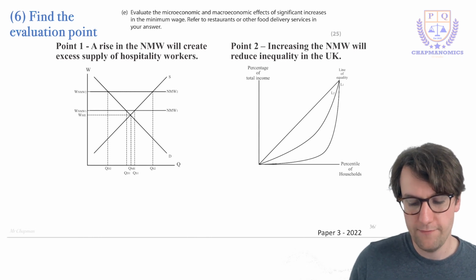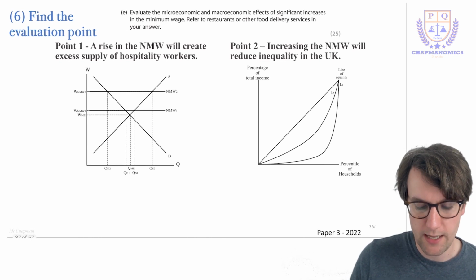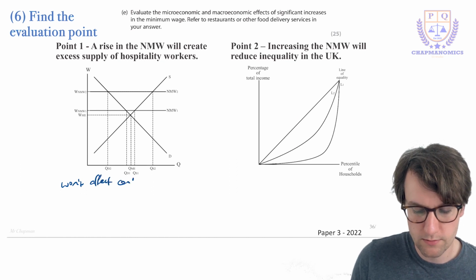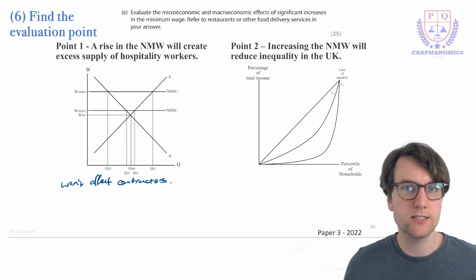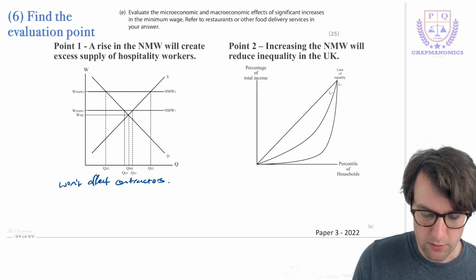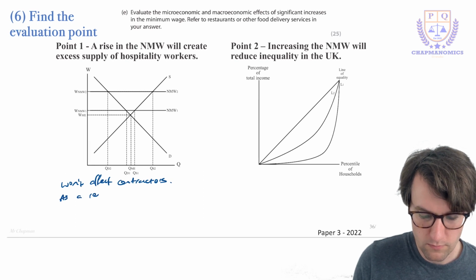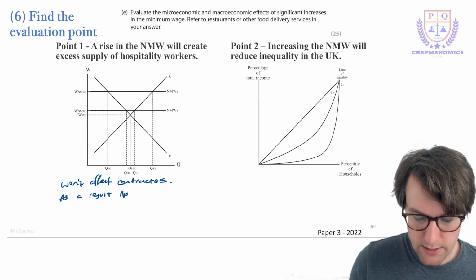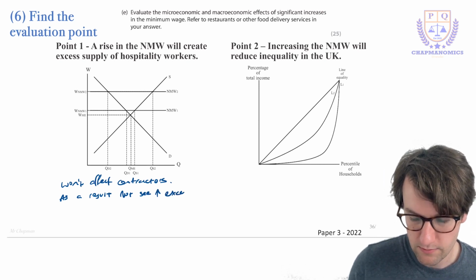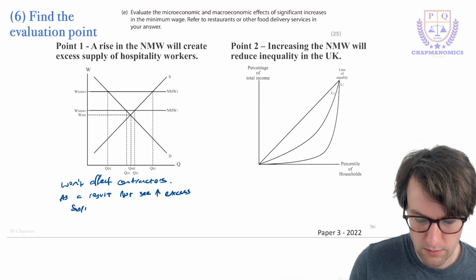And therefore, if you increase the national minimum wage, it won't affect contractors. It won't affect them because those contractors can charge whatever they like for the services they provide. As a result, we might not see an increase in excess supply because wages haven't changed.